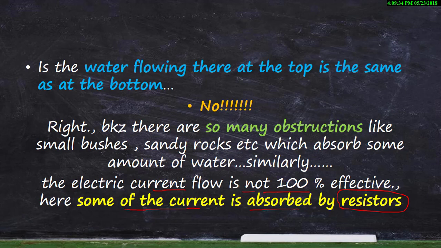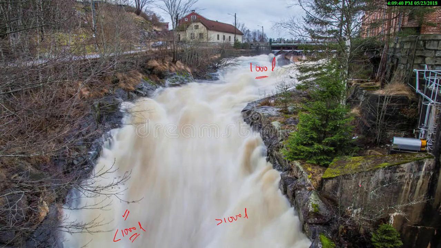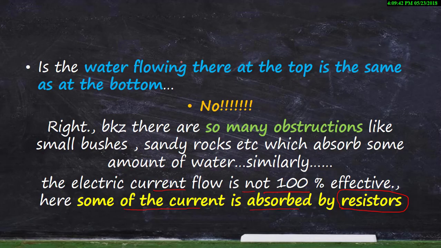Now I will introduce you to a new topic known as resistance and resistors. Once again revising: is the water flowing at the top the same as at the bottom? No, because there are so many obstructions like small bushes, sandy rocks, etc., which absorb some amount of water. Similarly, the electric current flow is not 100% effective.